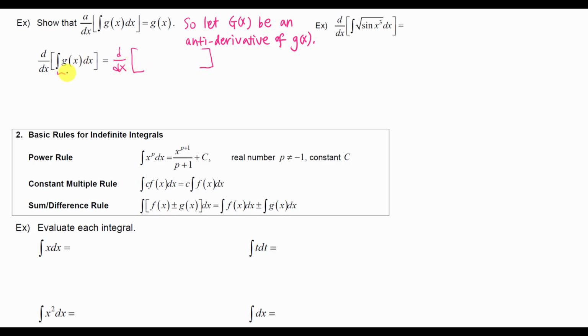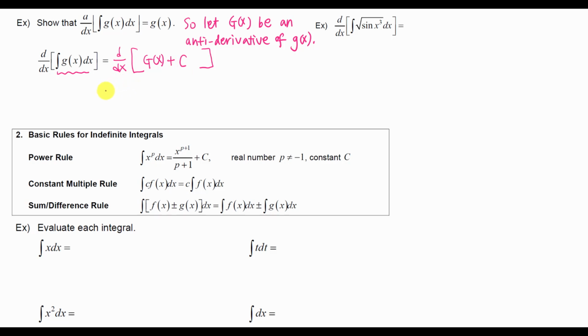I'm only going to do the integral part. So the integral of g of x dx, since my antiderivative is capital G of x, I'll get capital G of x plus any constant c.